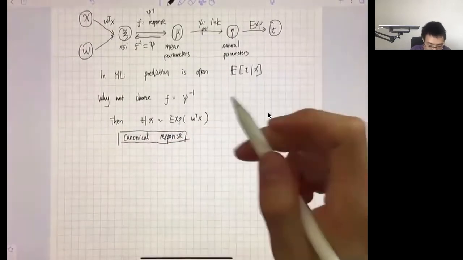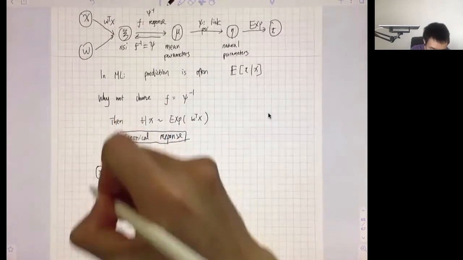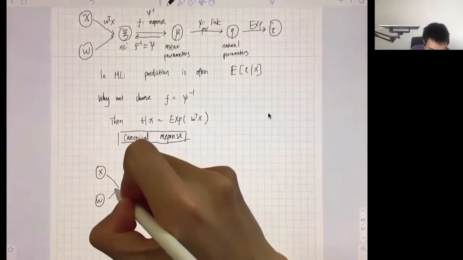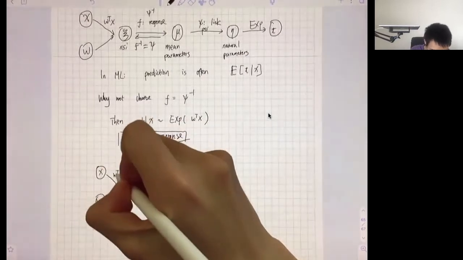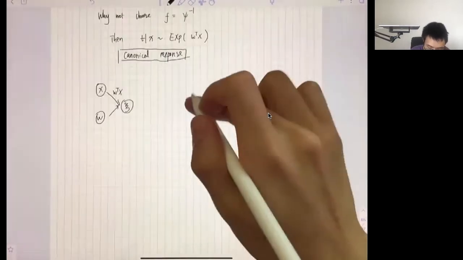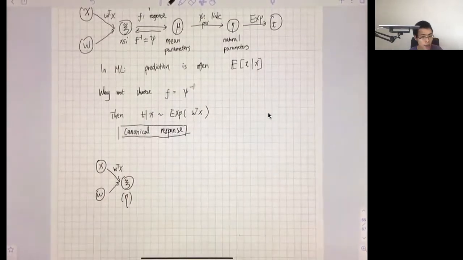If you have the canonical response, I can simplify the diagram as saying I first have X and W, and I have a linear transformation, W transpose X. My psi is directly eta, because you first transform it to mu, then you transform it back. It's just eta.